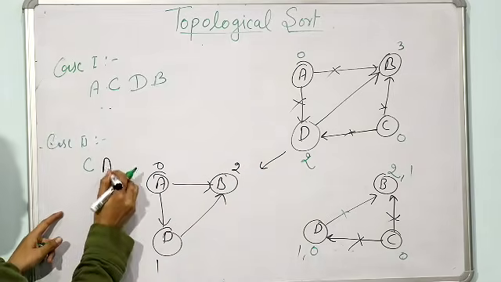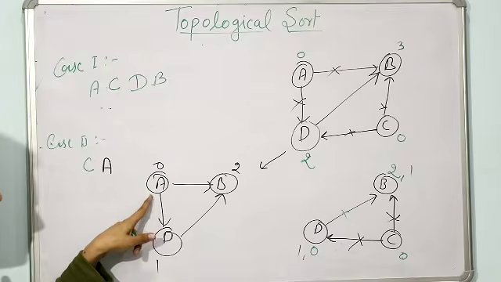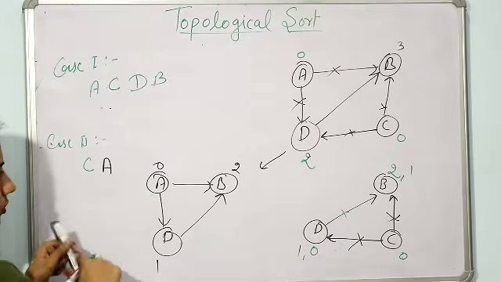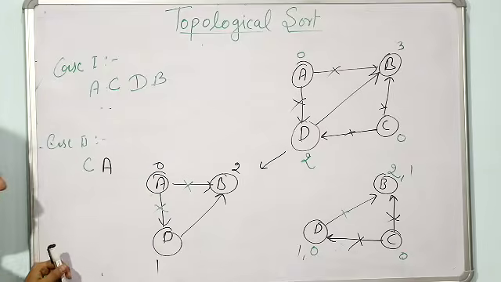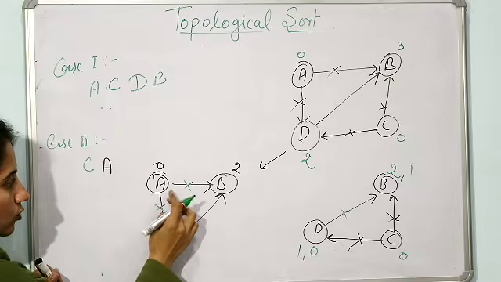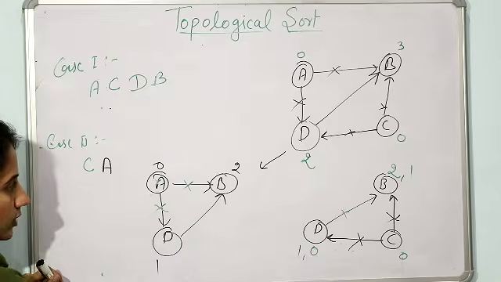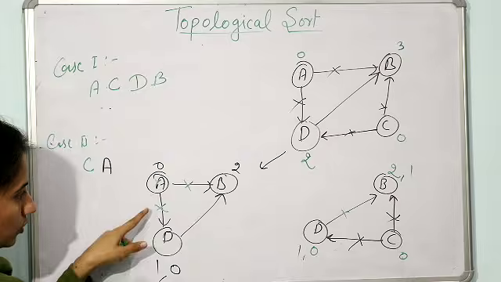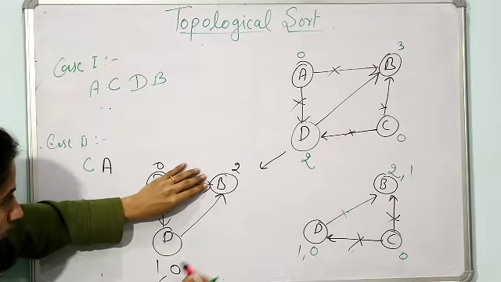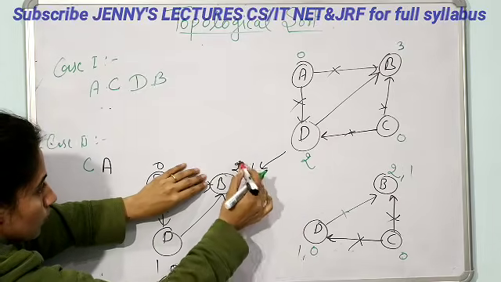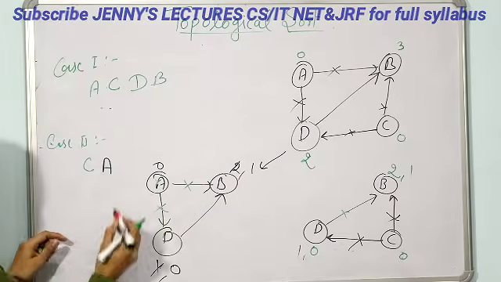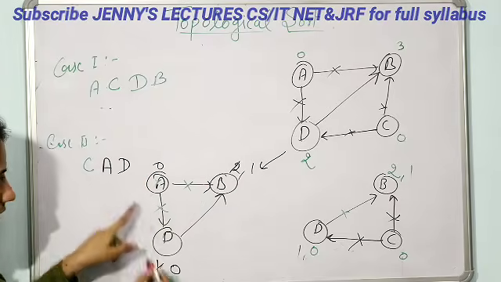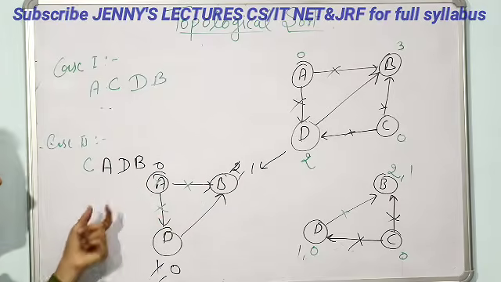Now we will select A, because vertex A is having in degree 0. Now delete the outgoing edges of this A and this vertex also. Now in degree of D would be updated to 0 after this deletion, fine, and in degree of B would be updated to 1. After that you can select D and then you can select B.